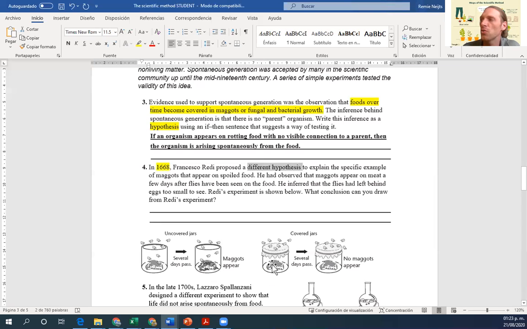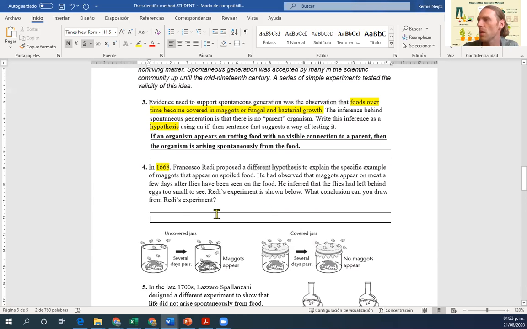But if you leave it closed, then maggots would not appear. That's something that he observed. So he set up an experiment, and this is the experiment, basically what you see here. This is the control group here, the uncovered jars, and the covered jars is the experiment, what he's doing.